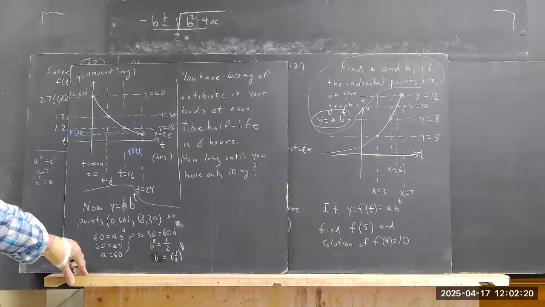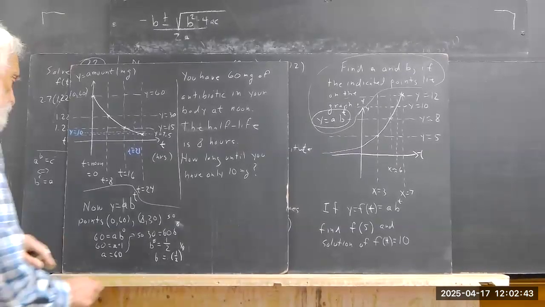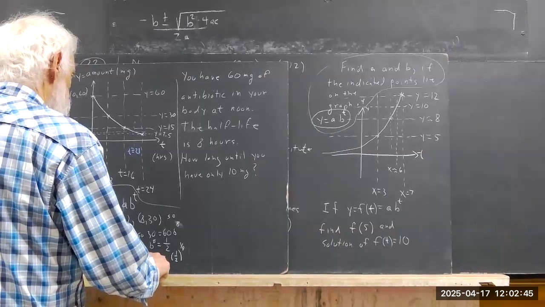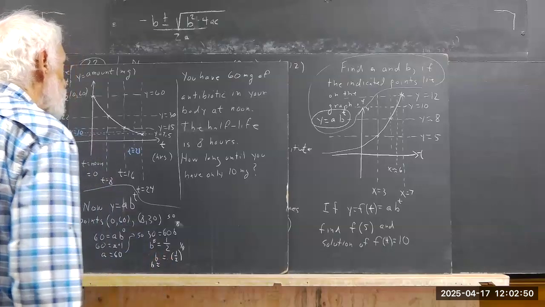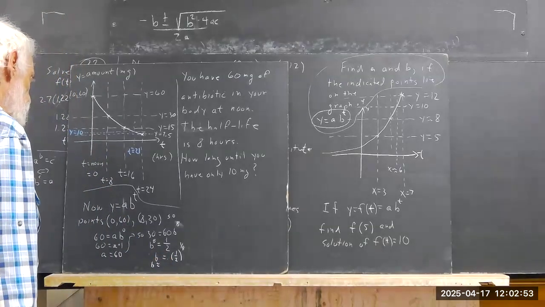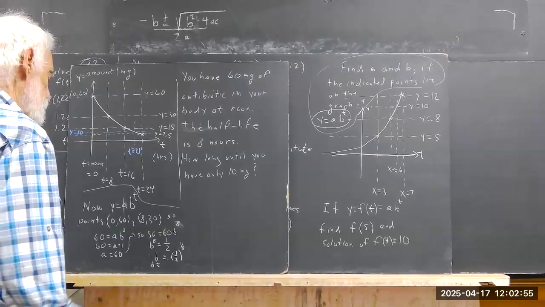Now, what's the 1/8 power of 2? Well, the 1/2 power is about 1.4. So the 1/4 power is about 1.19. I'd say the 1/8 power is pretty close to 1.1. Is that right? Yeah. Now, if I do 1.1, I get a little more than 2.